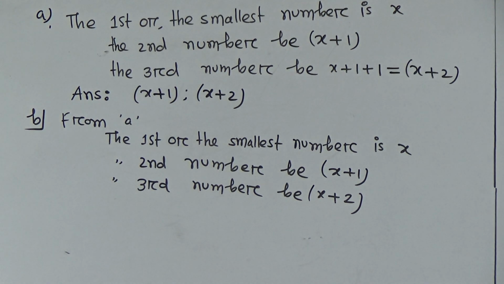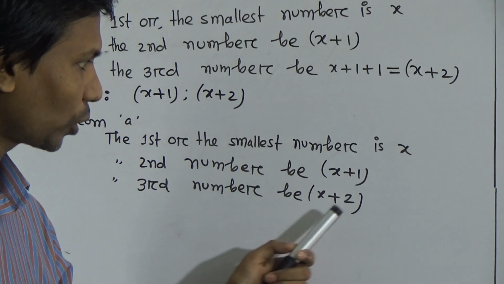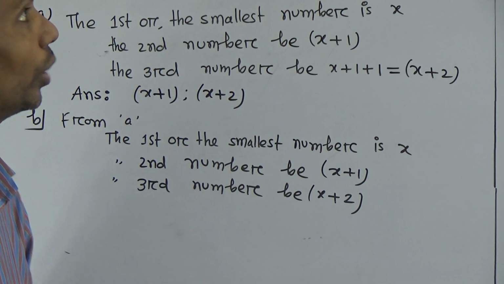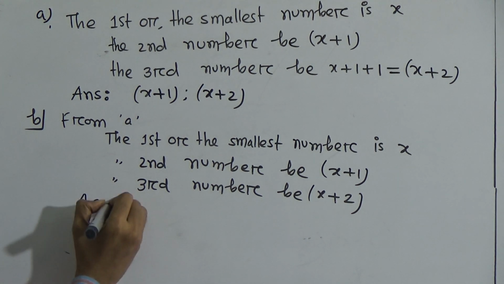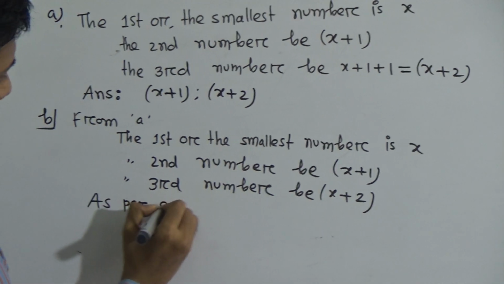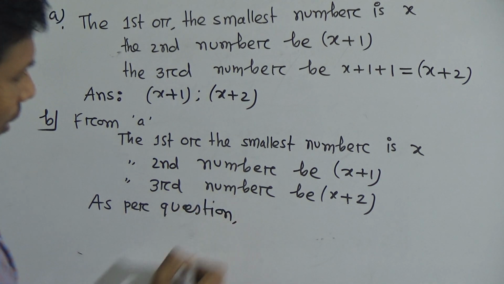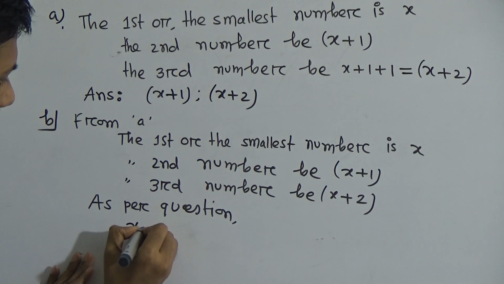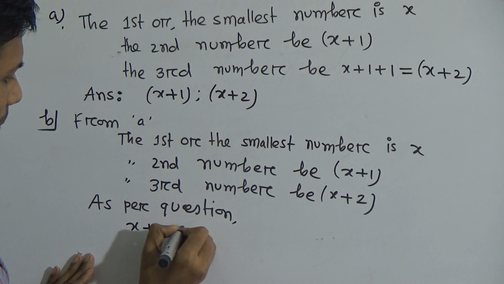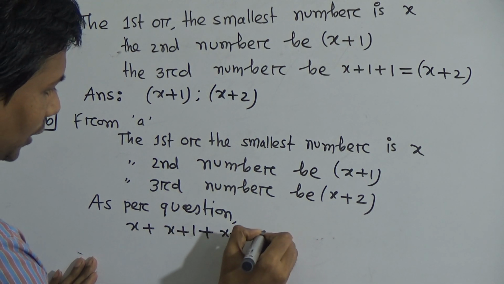Okay, now the sum of the three consecutive numbers is 24. Now write, as per question, that means the sum of these three numbers: x plus x plus 1 plus x plus 2. This is equal to what?